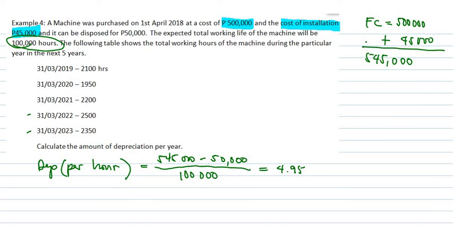Now we are going to calculate the amount of depreciation per year. For year 2019, the depreciation is 4.95 multiplied by the total hours for 2019, 2,100, which is equivalent to 10,395.